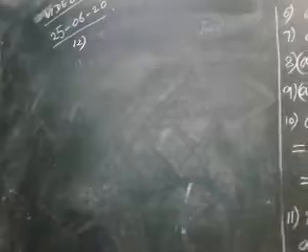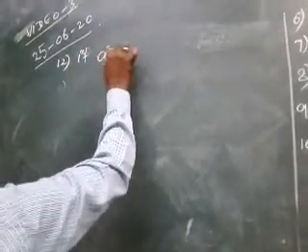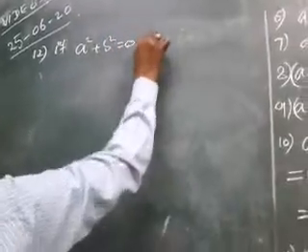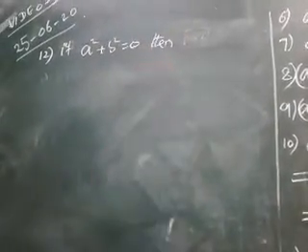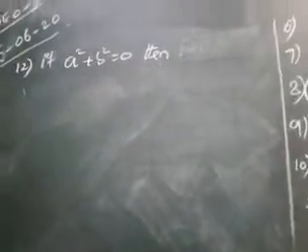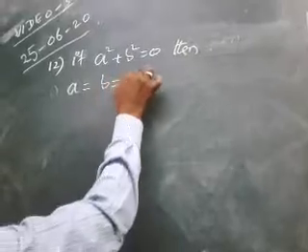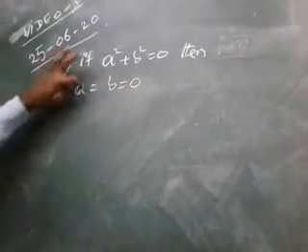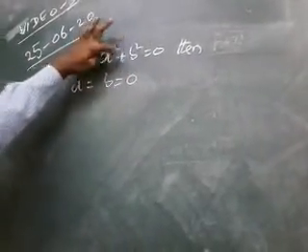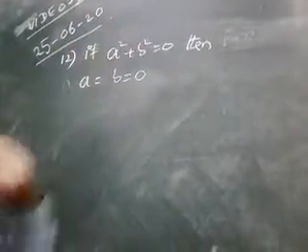Next, 12th one. If a² + b² = 0, the sum of two positive terms equal to 0, then what is the condition? a = b = 0. If a and b values are 0, then the sum a² + b² = 0.